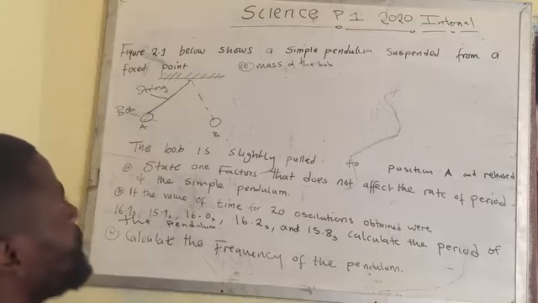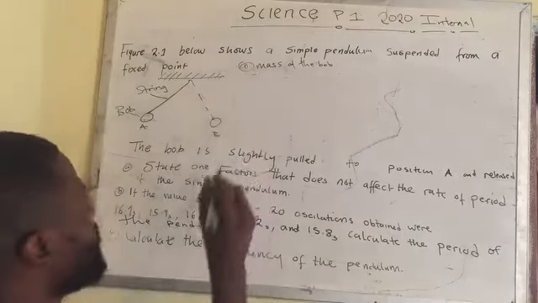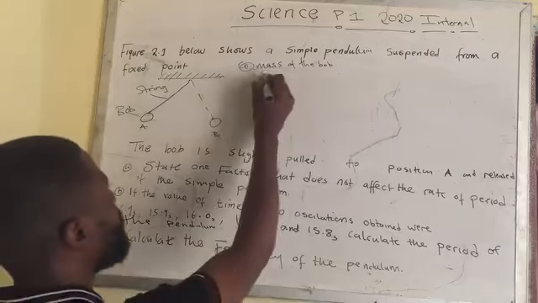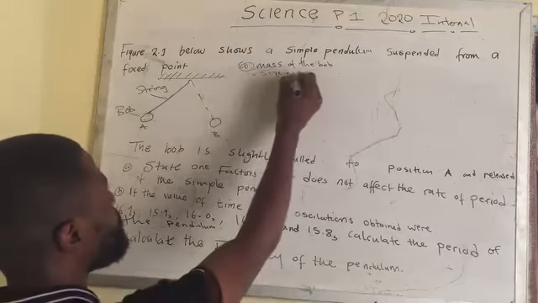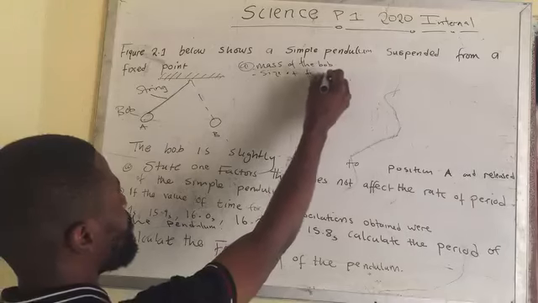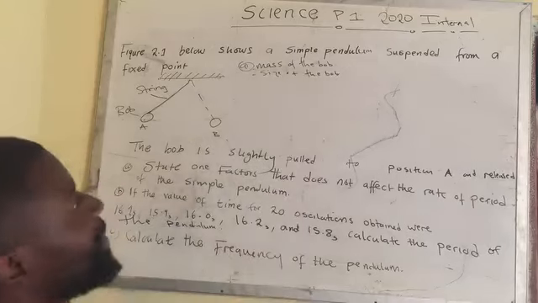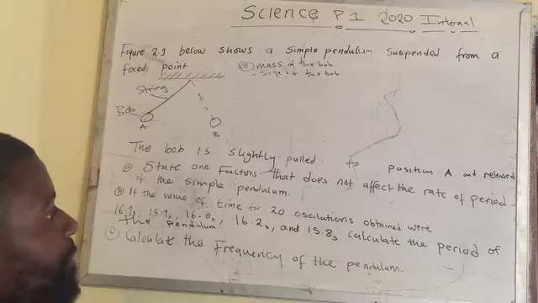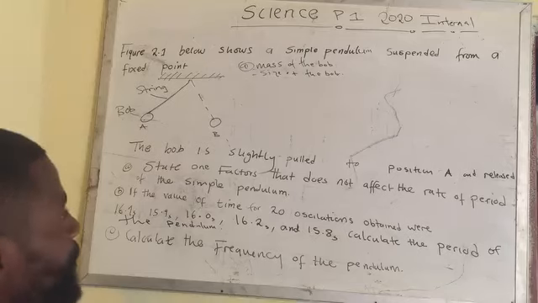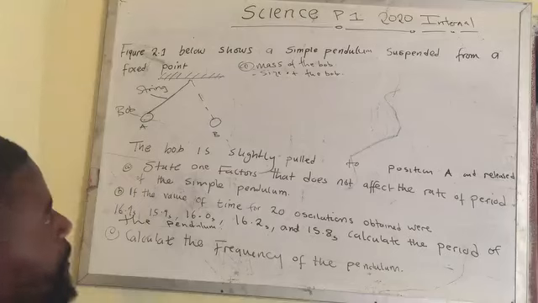The other factor is the size of the bob, which means it doesn't matter the shape of the bob, it won't affect the period of the pendulum. So these are the two factors that do not affect the period of the pendulum. You can just mention one since they have said to take one.